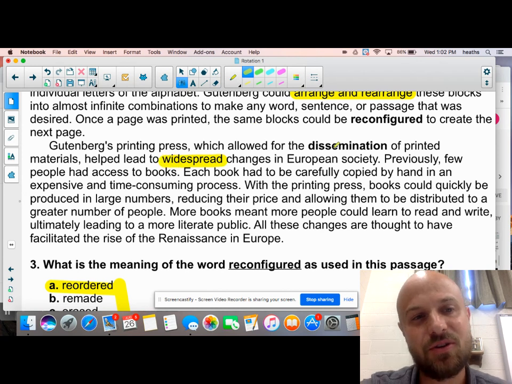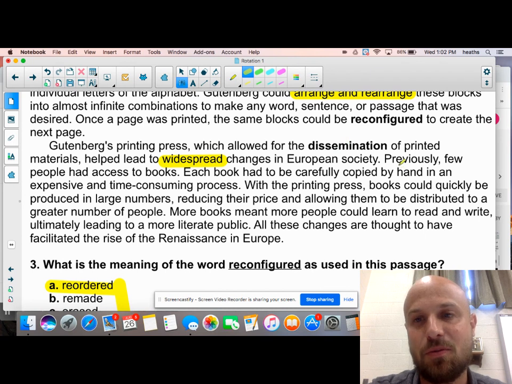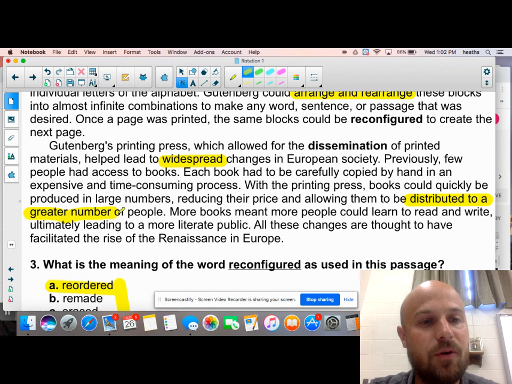But if you actually read a little bit further, and I'm not going to read this whole paragraph to you again, another context clue that maybe it kind of helped you figure this one out could be distributed to a greater number of people. So if you come across a word you don't know, there's a good chance that there's a clue in each paragraph. And sometimes, as in this case, there might be a couple.